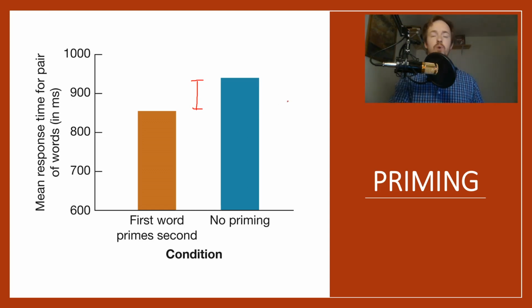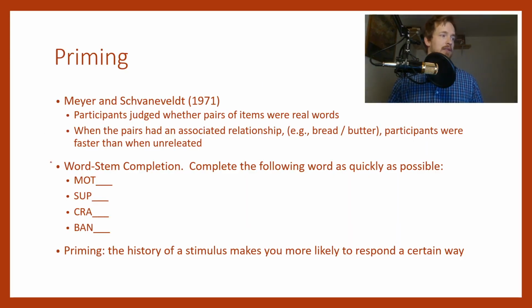Essentially, you have one word that influences the way that you respond to another word. The other example that we were talking about, which we will come back to, is the word stem completion task, where you're looking at this information and you're trying to fill this word stem. So you're trying to take these three letters and add letters to it to make it into a word.